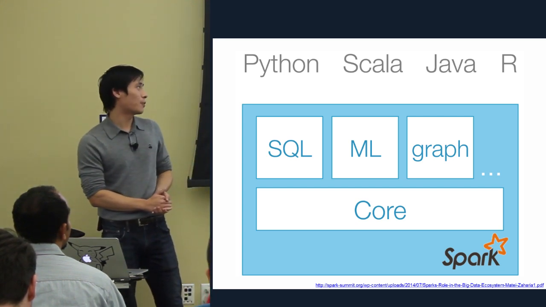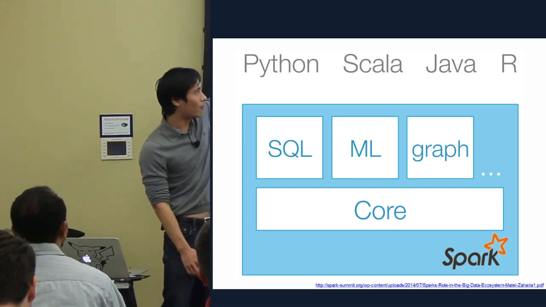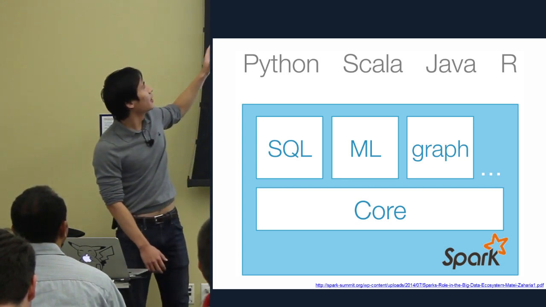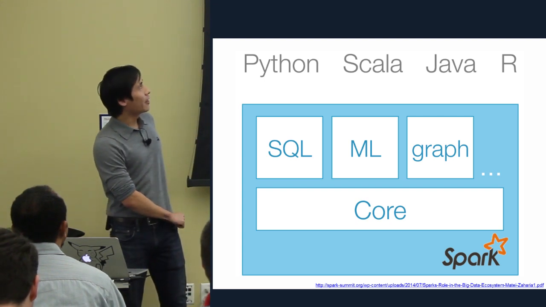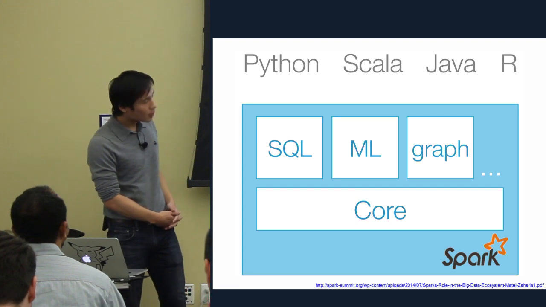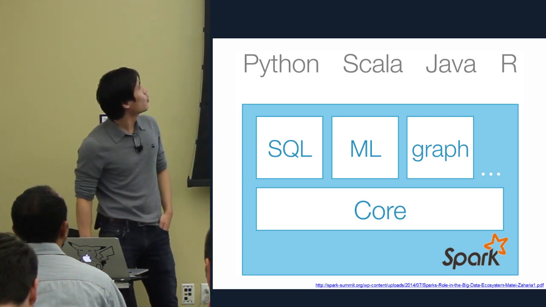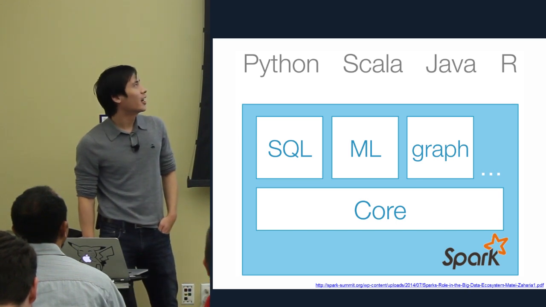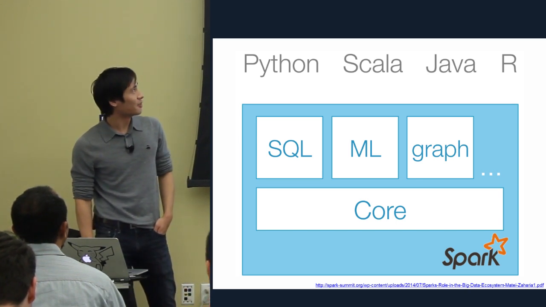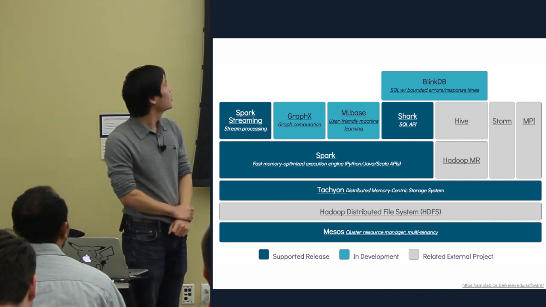And again, Spark is really young, so I'm sure a lot more of these little squares up top will pop up. And then the other cool thing is Python, Scala, and Java are first-class citizens in Spark. So it really opens it up to a larger audience. And then R is in the works, but not exactly production yet.